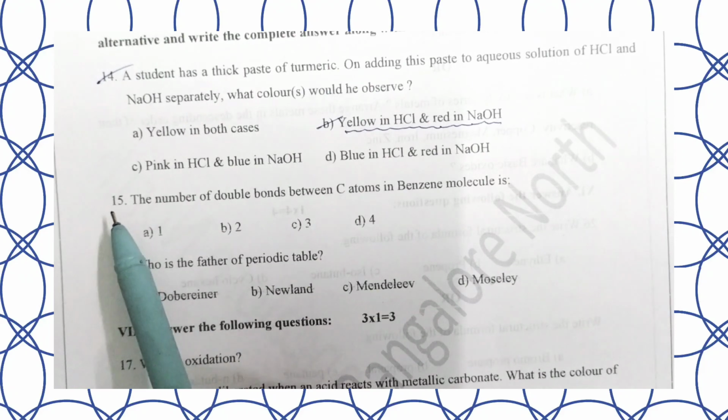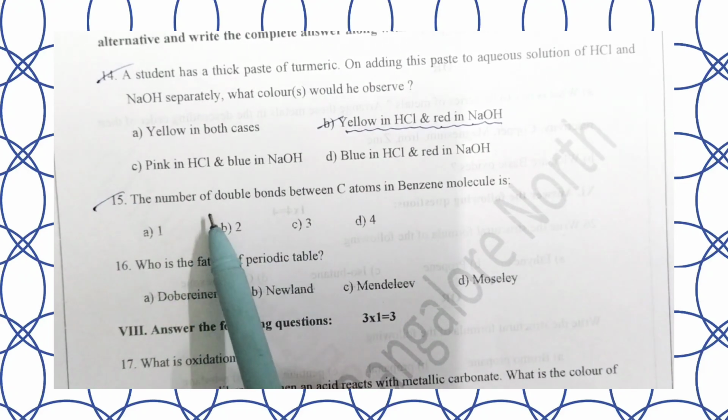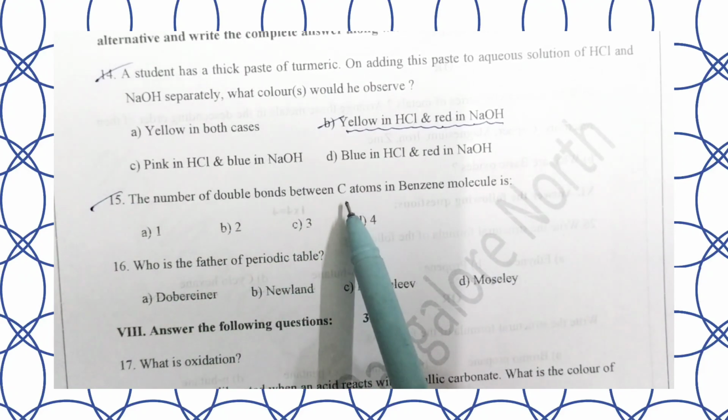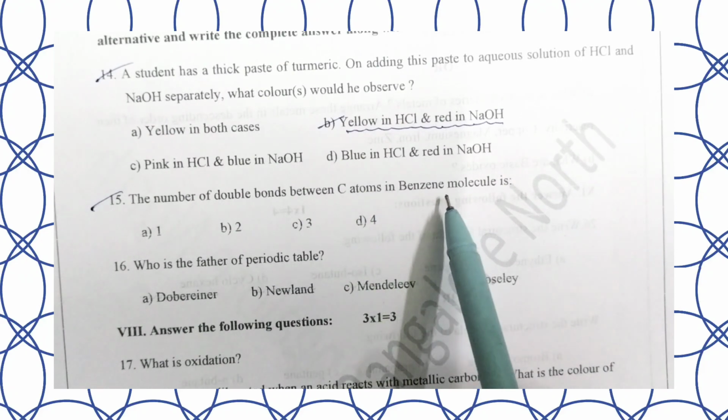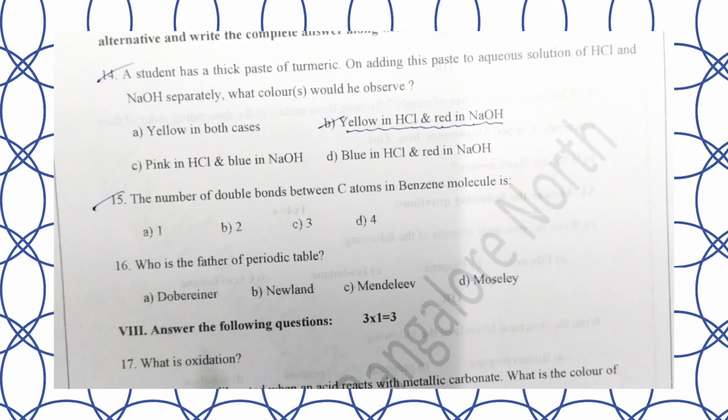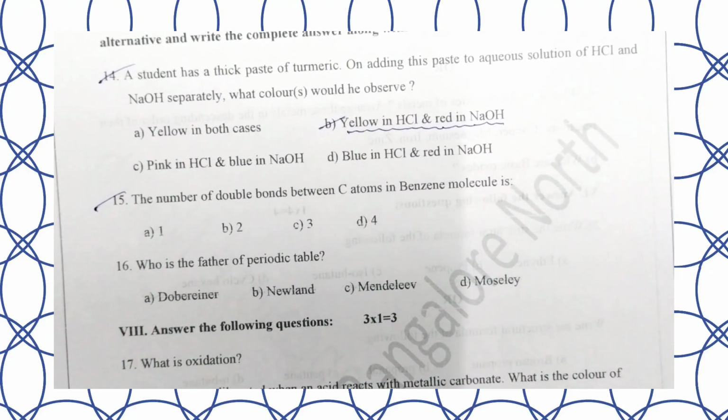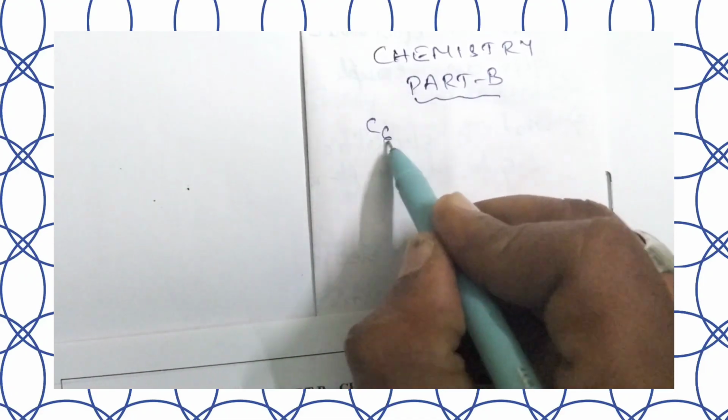Then coming to 15th question, the number of double bonds between carbon atoms in benzene molecule is. So let us see, first let us write the structure of benzene molecule. So molecular formula C6H6. So carbon 6 is there, therefore hexagonal shape.